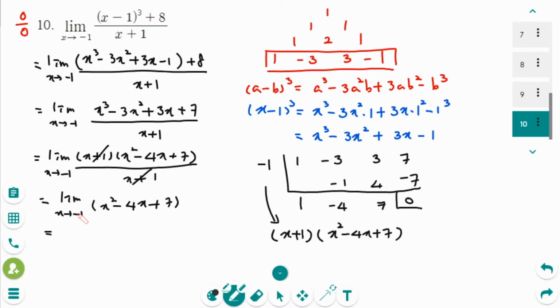Then put minus 1 into x. Minus 1 squared minus 4 times minus 1 plus 7. So 1 plus 4 plus 7. So you get 12 as the answer.